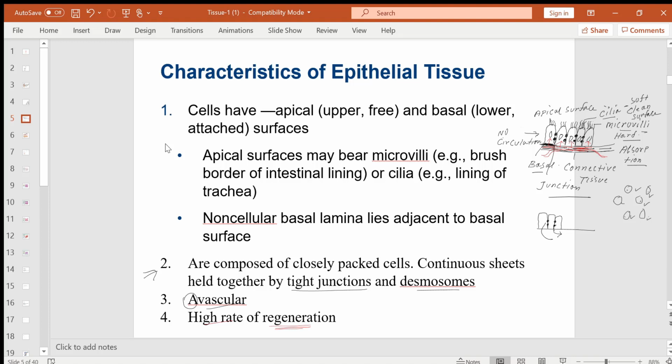When you drink something very hot, you burn the epithelium in your mouth, the epithelial lining of your mouth and tongue. However, quickly new epithelial tissue is formed, right? So the epithelial tissue can quickly regenerate. So those are the important characteristics or properties of the epithelial tissue.